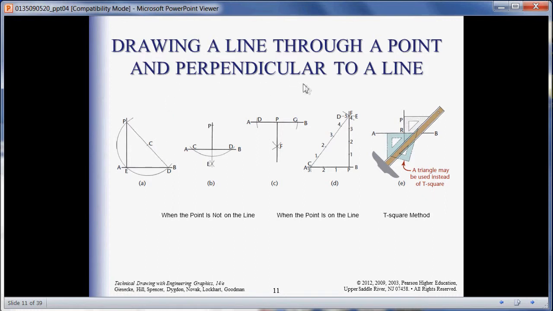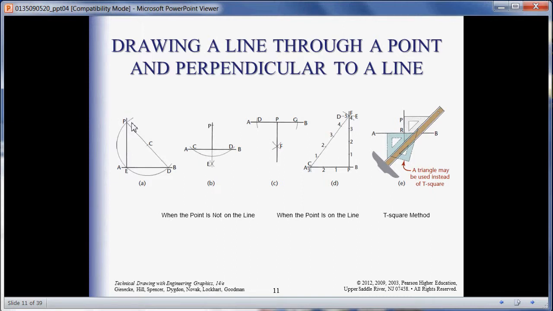Okay, drawing lines through a point and perpendicular to a line. Okay, in the case where a point is not on a line and you know what A and B is and you know what point P is.